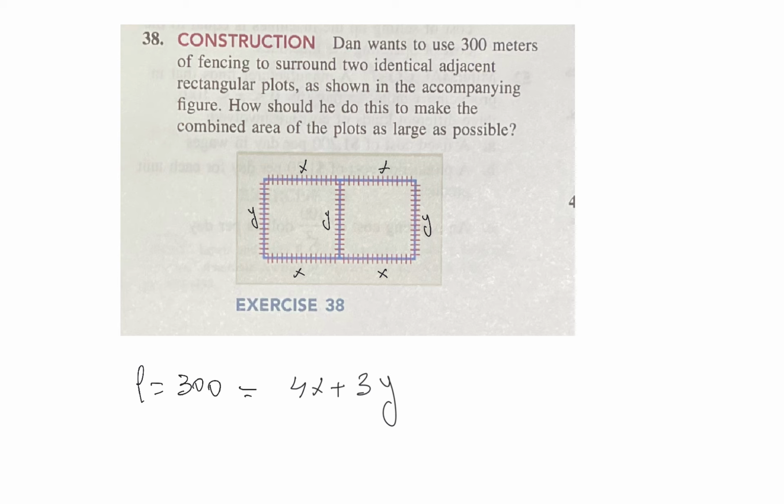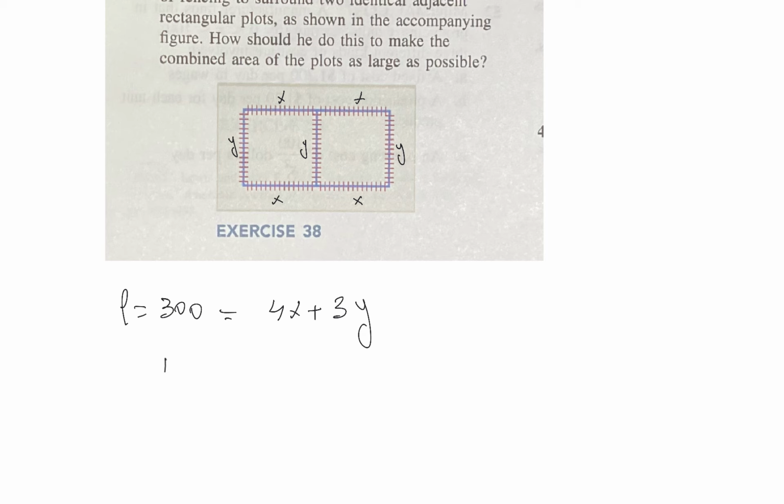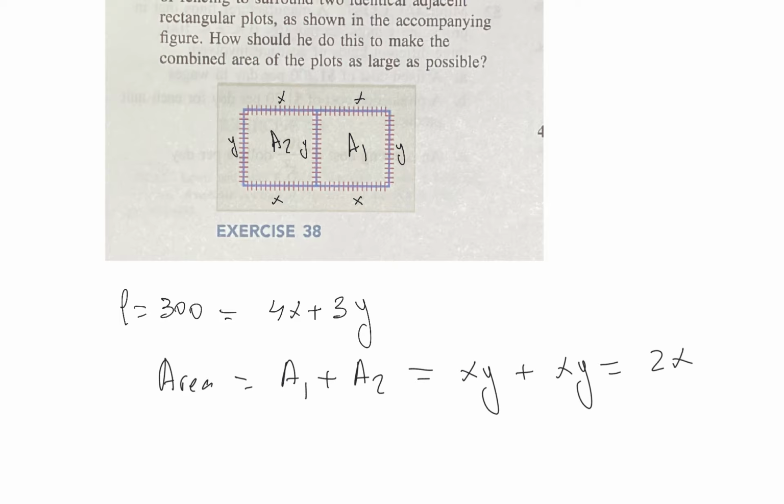As shown in the comment, how should he do this to make the combined area of the plots as large as possible? The combined area is A1 plus A2, where A1 is this one and A2 is this one. So the combined area is x plus y plus x plus y. So it's 2x times y.